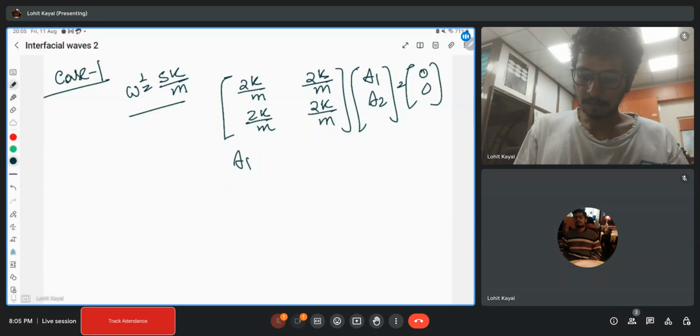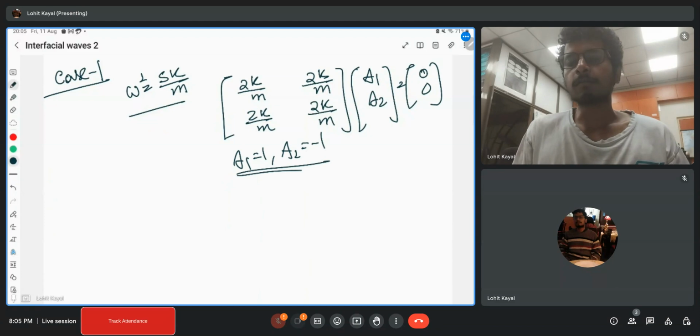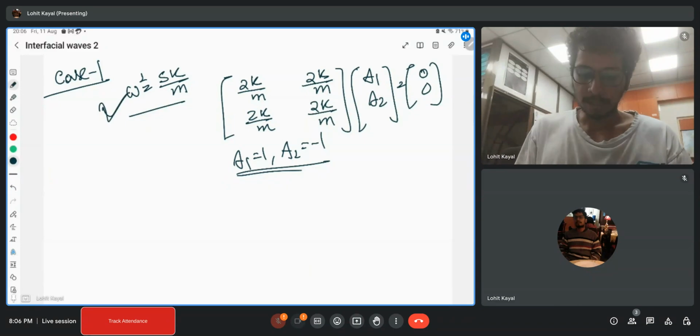So A1 equal to 1, A2 equal to -1. That means you need to move those masses in the opposite direction by the same amount. Then you will get this larger frequency. This is expected.